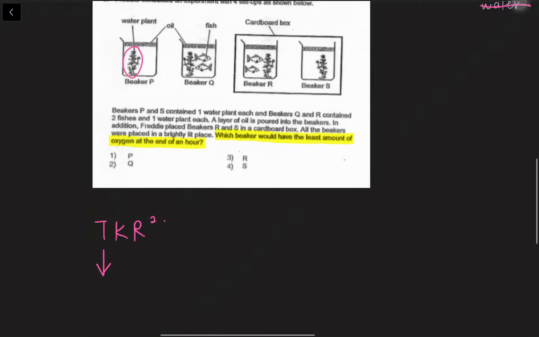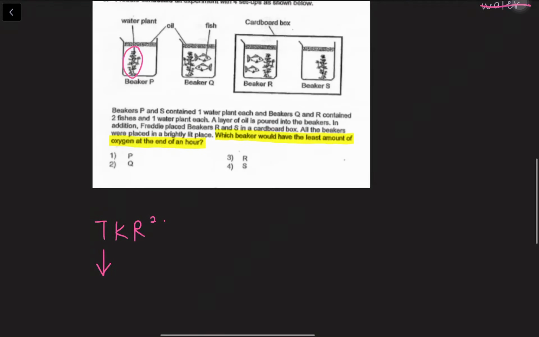Firstly, our keywords would be photosynthesis, respiration, presence of light, CO2, O2. Those are some of the keywords that we need to know of.